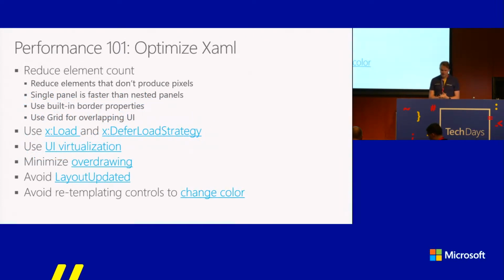Now, the second thing I want to talk about is optimizing XAML. Every element that you put in XAML has a cost. So reducing element count is one of the most efficient ways of starting faster and having a more efficient UI. Try to reduce elements that don't produce any pixels, like panels: a grid in a grid in a grid in a grid.